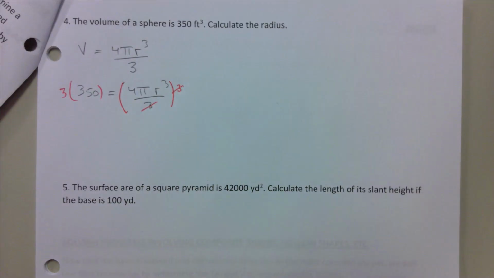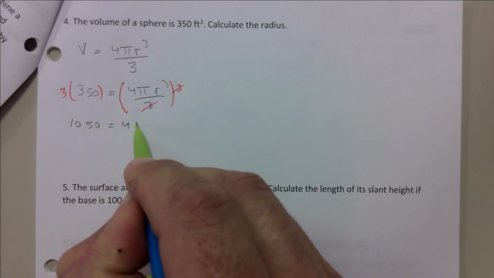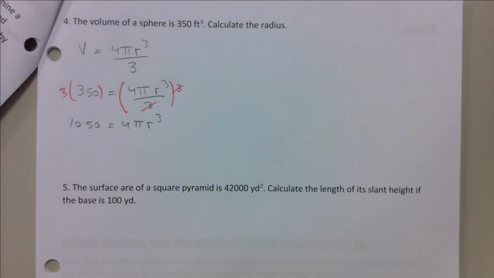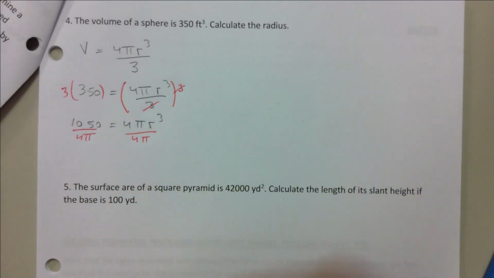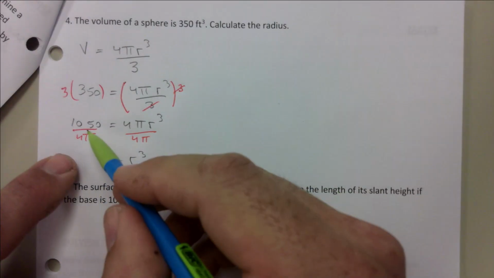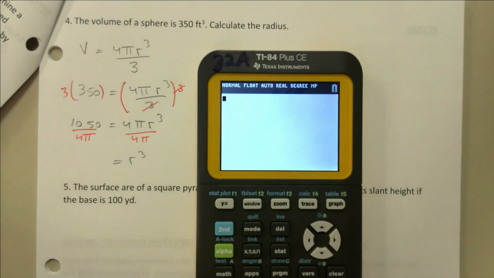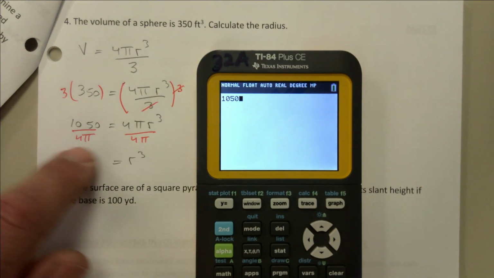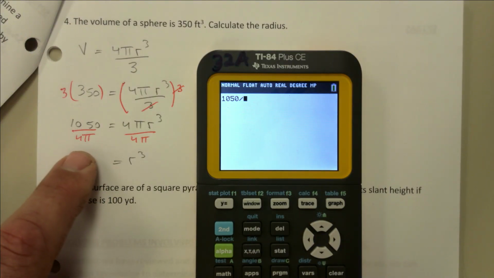Cancel that out. 3 times 350 is 1,050. You're left with 4 pi r cubed. In this instance, it's probably a good idea to divide both sides by 4 pi. You're left with r cubed, don't forget that, and then all of this. Maybe, for some of you, it's going to be better to just figure out this part as a number. 1,050 divided by, use brackets when there's multiplication in the denominator, okay?